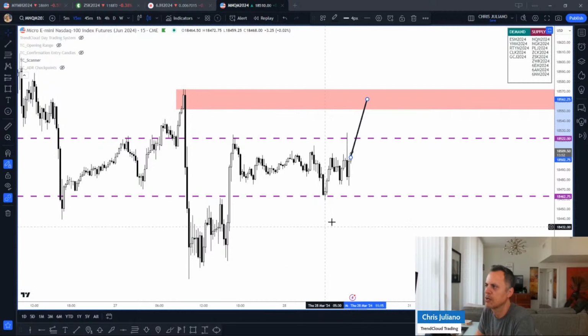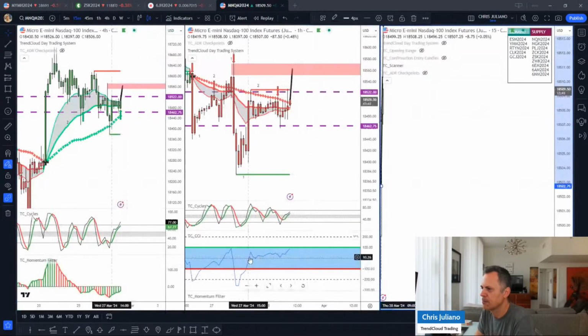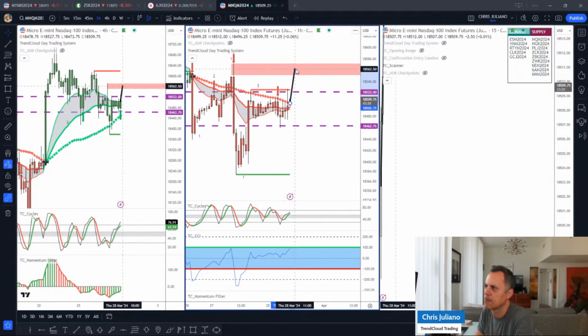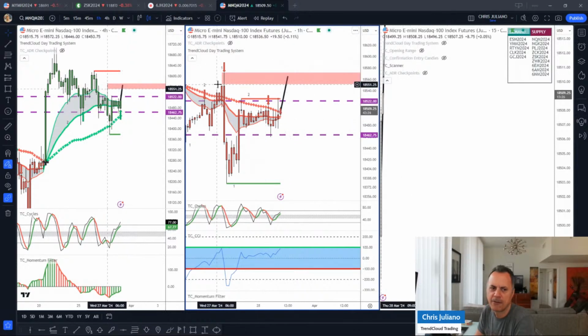Big reaction, right? So with momentum, if we could get back up to here with all that momentum to the downside on that middle time frame, we still have momentum to the downside until we cross positive 100. We might get a very forceful reaction out of this.